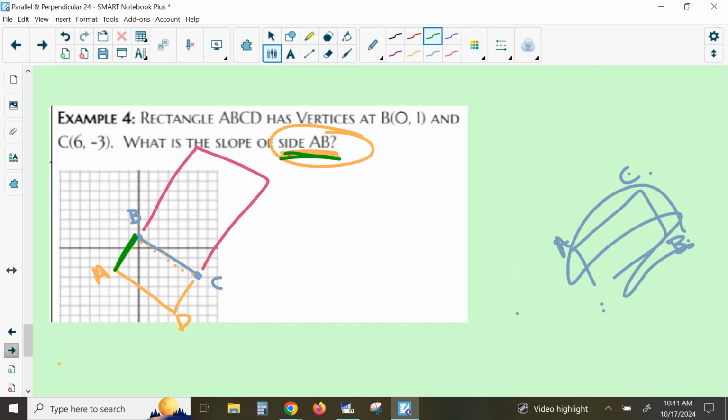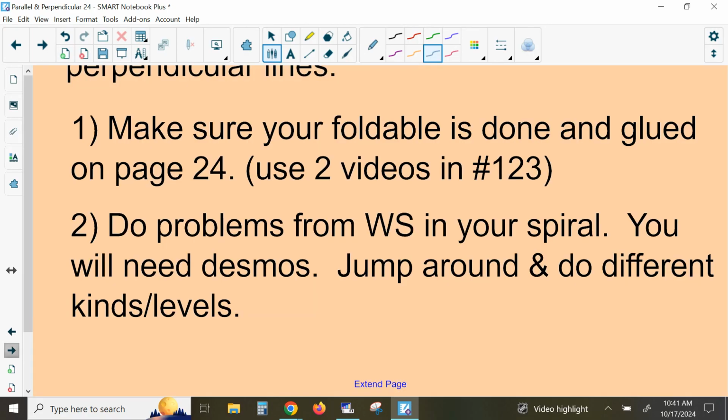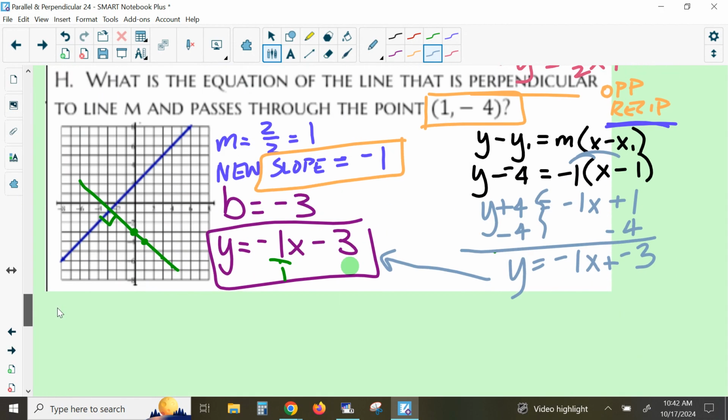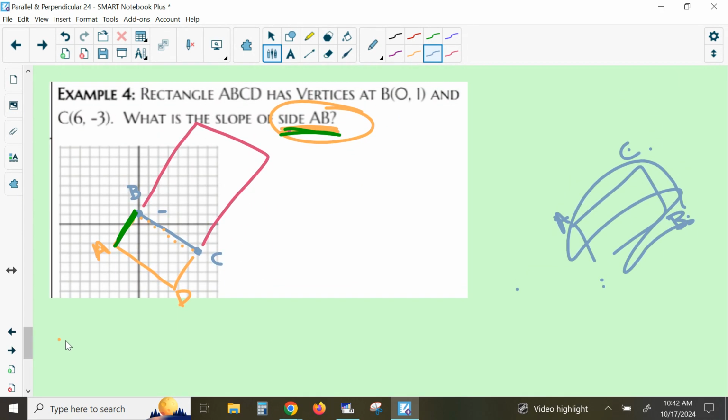What's the slope of the gray side? It's definitely downhill. Negative what? Did you count it? What's your slope of your gray side? 1, 2, 3, wait, 4. 1, 2, 3, 4, 5, 6.